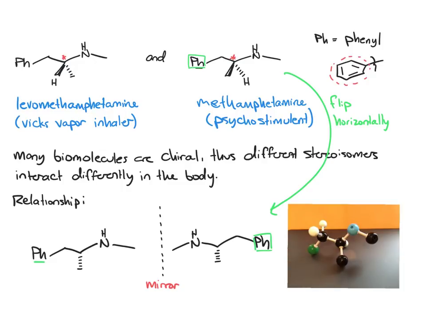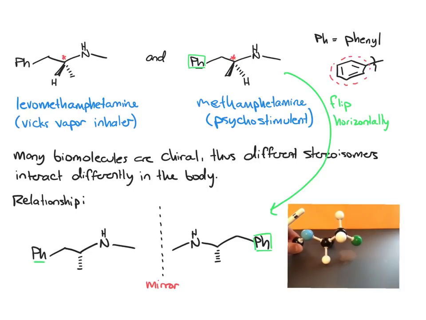Okay, so what I want you to do is watch as I rotate this or flip this horizontally. All right, I want you to keep your eye on this methyl and the hydrogen at the chiral center. Right now, this methyl is pointed out toward you. If I flip this horizontally, now the phenyl's on the right side, just like it is down here, but notice how now the hydrogen's out and the methyl is back.